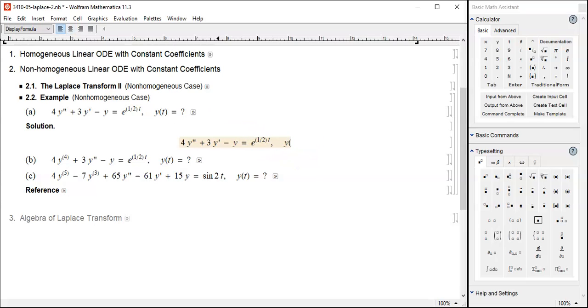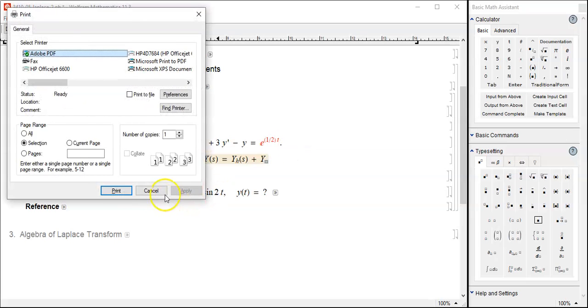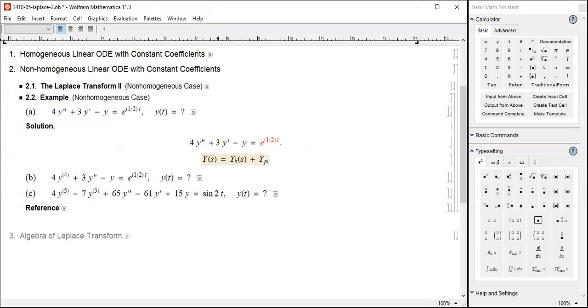So that's my question. That's my equation. And here is the non-homogeneous part, f of t. Okay, so capital Y of s is Y h of s plus capital Y p of s.